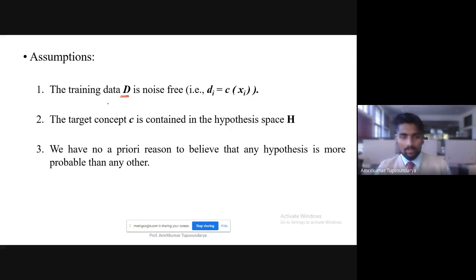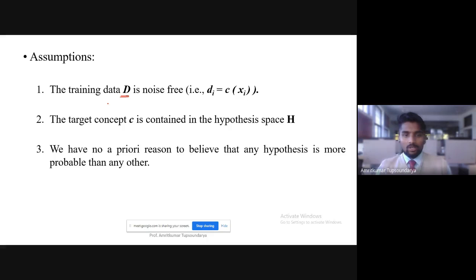Unlike the candidate elimination algorithm and even the ID3 algorithm, those algorithms were robust enough to handle noisy or erroneous data. But here in the Bayes theorem, in the brute force MAP hypothesis algorithm, we are going to assume that the data that we are going to give as input is noise-free data.